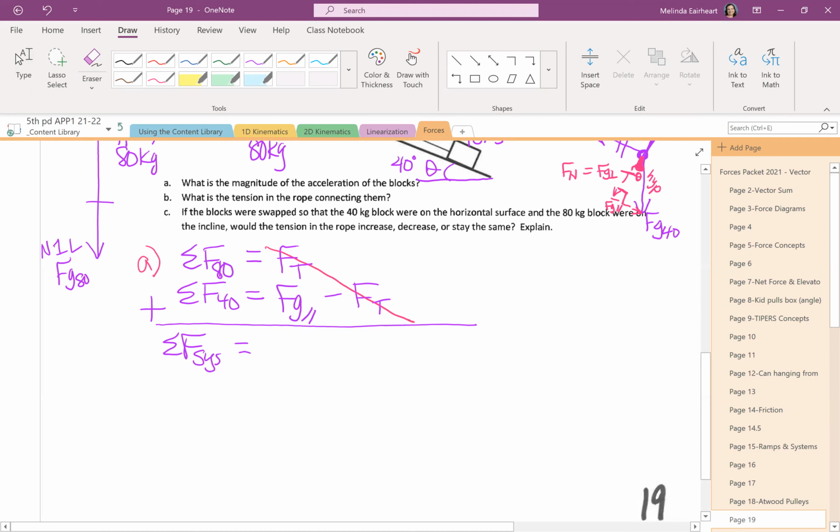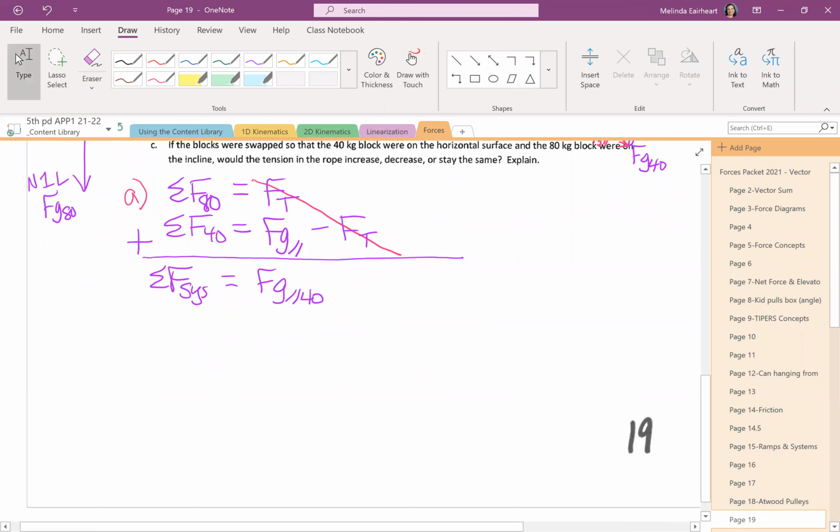Cancel. Not that they zero. Careful, they don't zero out. You have tension, right? They just are equal and opposite. And so the only thing driving this, and I'm just adding a 40 there so we get the right mass, the only thing driving the system is that FG parallel for the smaller block.